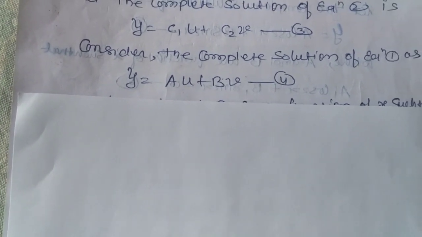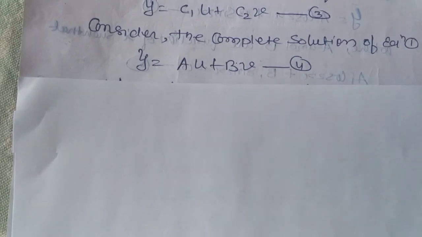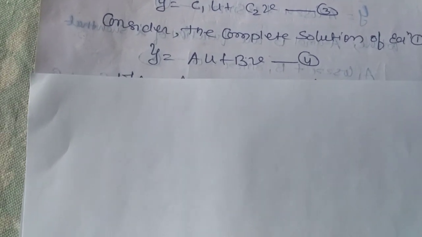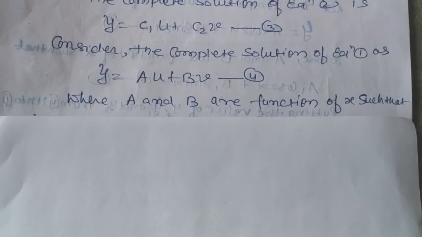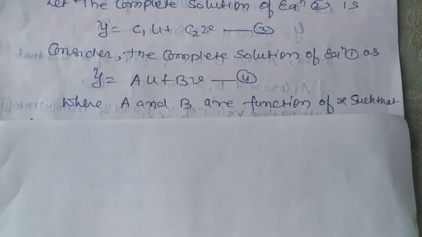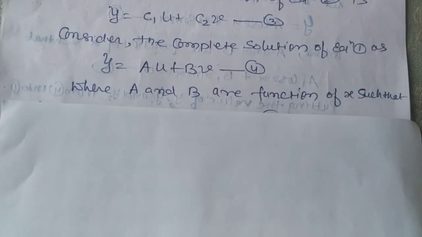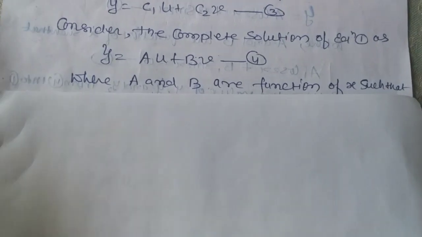So the complete solution of equation first is y equal to au plus bv, where a and b are arbitrary functions of x. See, C1 and C2 are constants, whereas a and b are arbitrary functions of x.